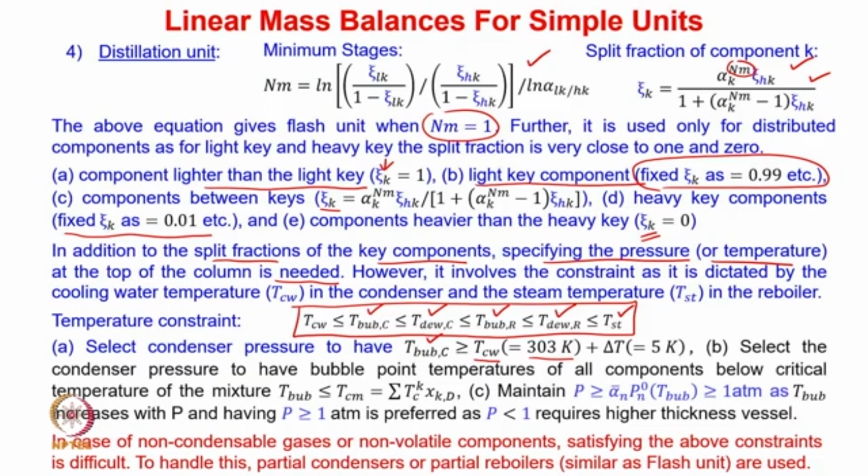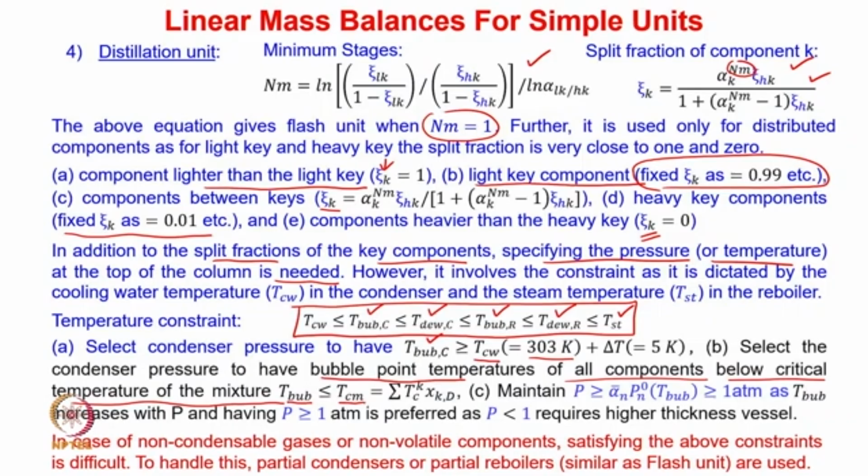Again, we have to select the bubble point temperature of all the components below the critical temperature of the mixture. So in this case, the bubble point temperature for all the components should be less than or equal to the critical temperature of the mixture.